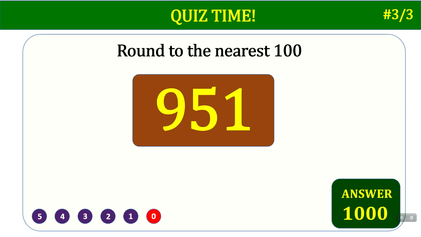Time's up. Answer is 1000. How did we get that? Well, there is a 9 in the hundreds column, and when we look to the right, we see that that is 5. And so when the digits to the right are 5, 6, 7, 8, or 9, we round up. And since 951 is between 900 and 1000, we round up to 1000.